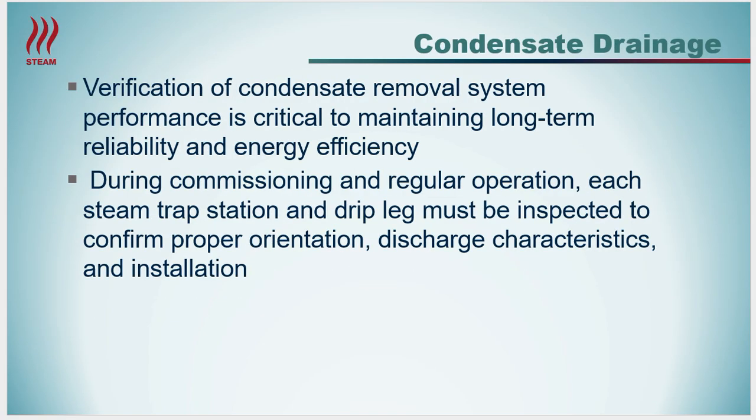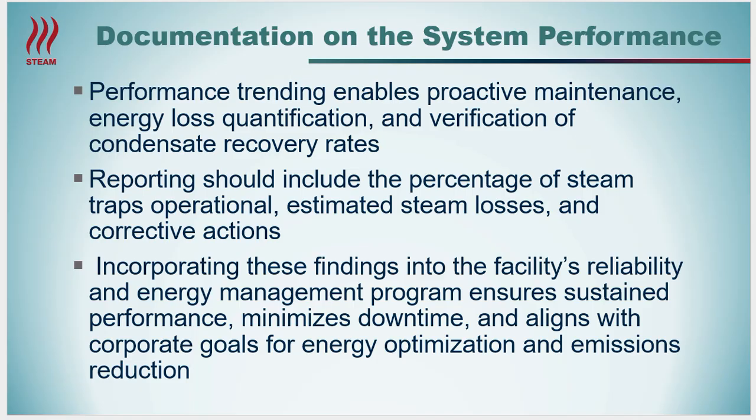Verification of condensate removal performance is critical to maintain long-term reliability and energy efficiency. During commissioning and regular operation, each steam trap and drip leg must be inspected for proper orientation, discharge characteristics, and installation. Documentation and performance trending enable proactive maintenance, energy loss quantification, and verification of condensate recovery rates.